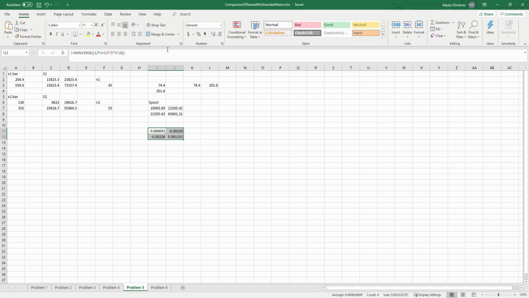In the end, we just compute the value of the test statistic, compute the critical value, and compare the result. Our test statistic will be a product of three matrices: the transposed vector of differences, times this inverse matrix, times the vector of differences. And we get the value of the test statistic, 16.0.